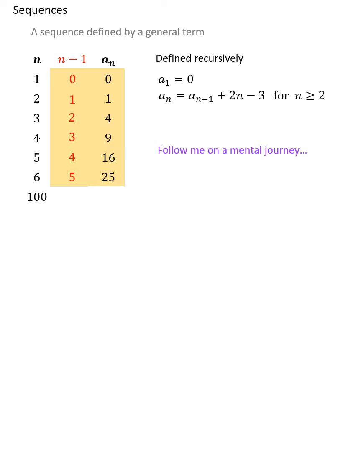I'll pause while you try to detect it. Now, depending on how your brain works, you either noticed that the numbers in the right column are the squares of the numbers in the left. In other words, if you square all of these, you do in fact get the term value a sub n.